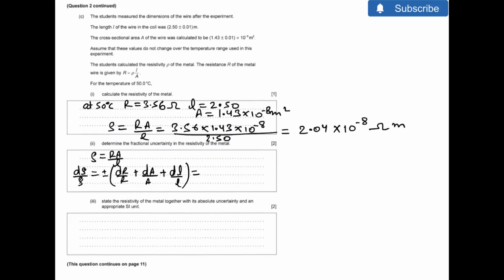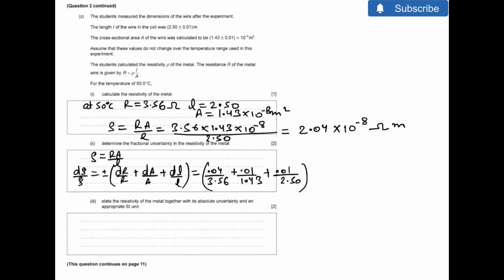Okay, so the value of the error in resistance is 0.04. It is mentioned in the question itself. The value is 3.56, plus the error in the measurement of area, which is 0.01, and it is 1.43, plus the length error is 0.01 upon 2.50.